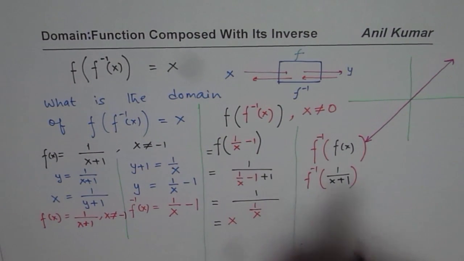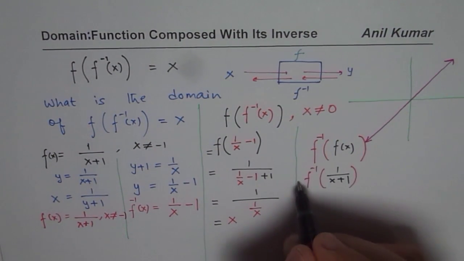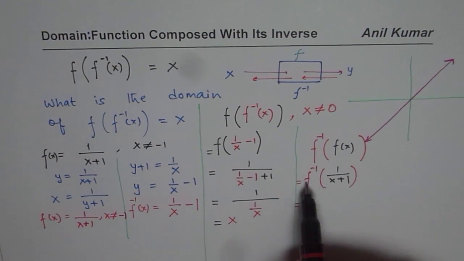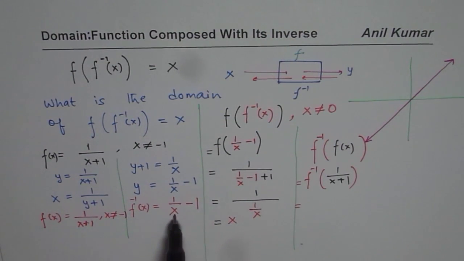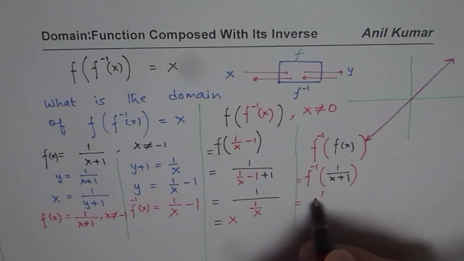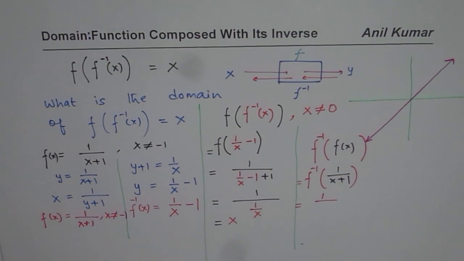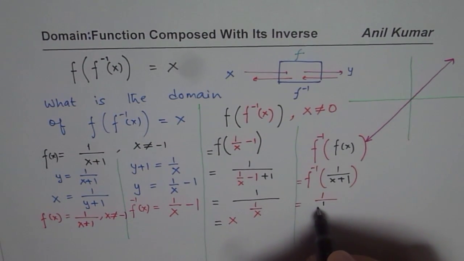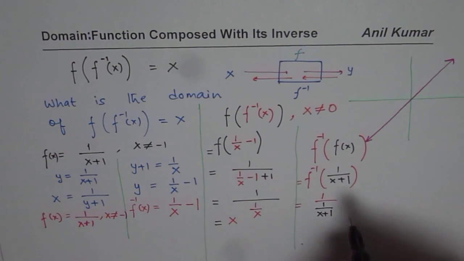Now this is equal to f inverse. F inverse x is here. So we will substitute, instead of 1 over x, we will write 1 over this number, which is 1 over x plus 1, right? And we have minus 1.